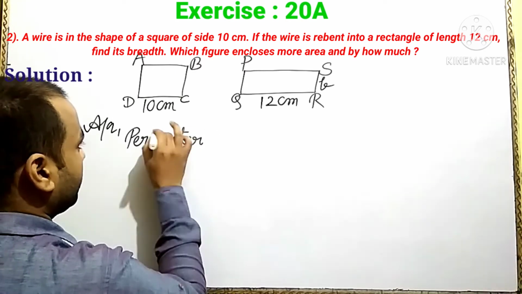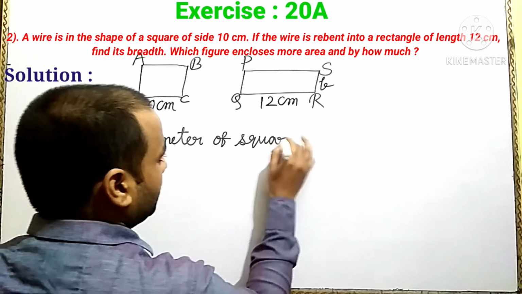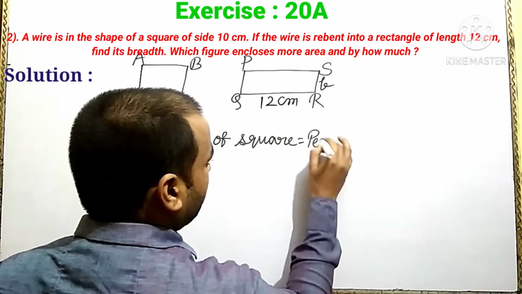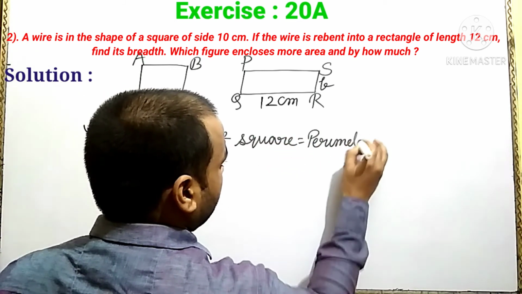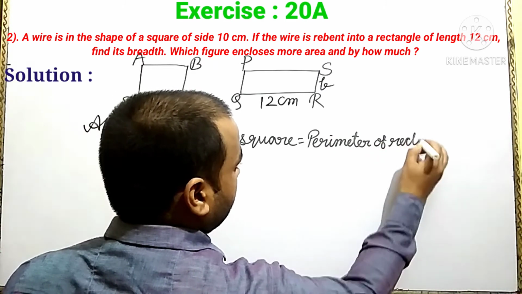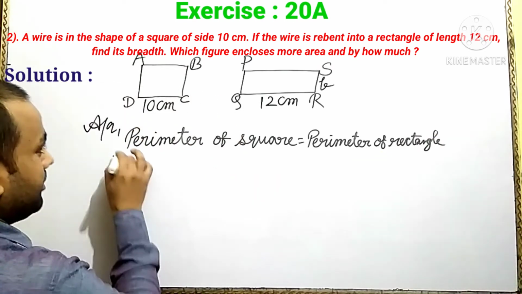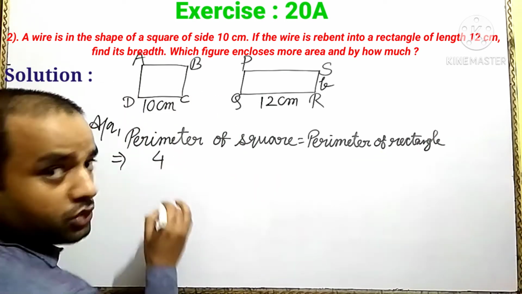perimeter of a square is equal to perimeter of rectangle. Perimeter of a square means 4 into side.